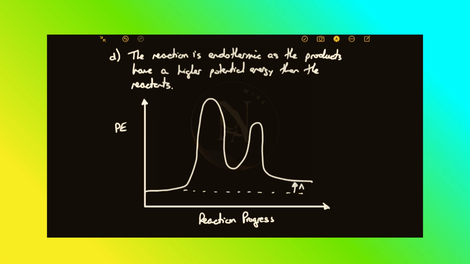So our value of delta H would be here. This would be the reactants. This would be the products. And the activation energy would be this amount right here. It would be the energy from the reactants to the rate determining step. So there would be our activation energy for the overall reaction.